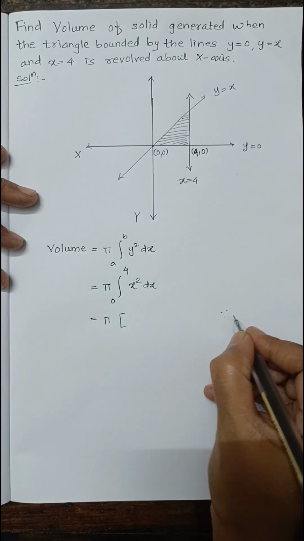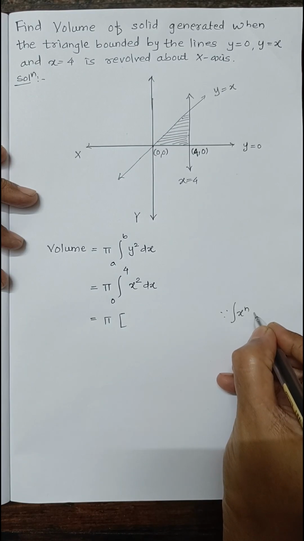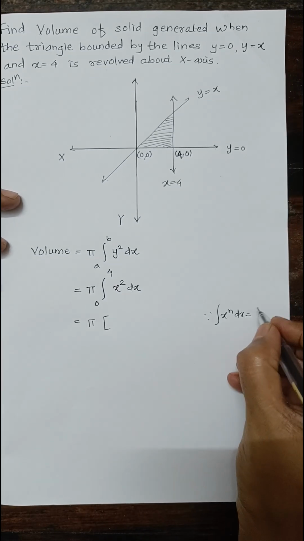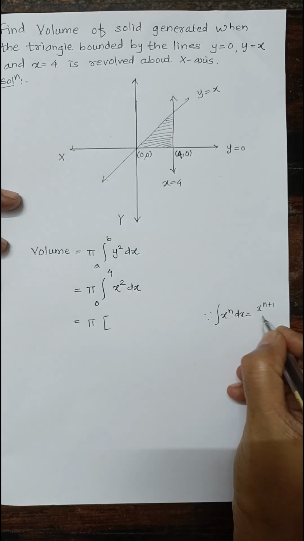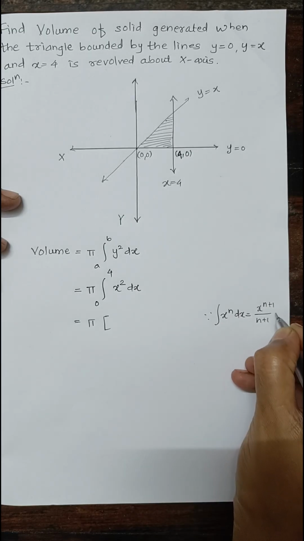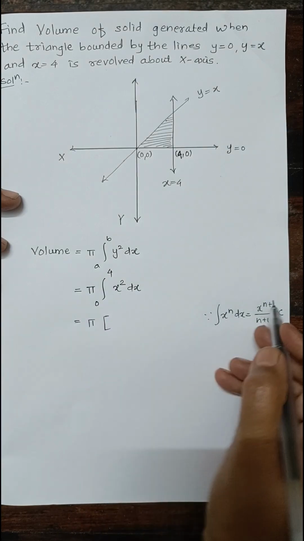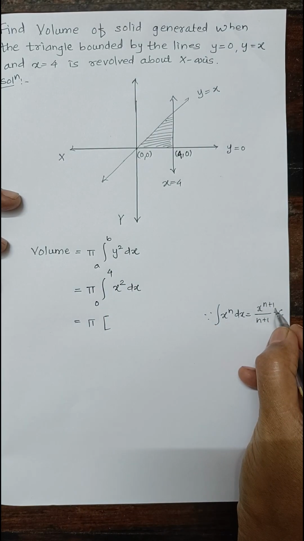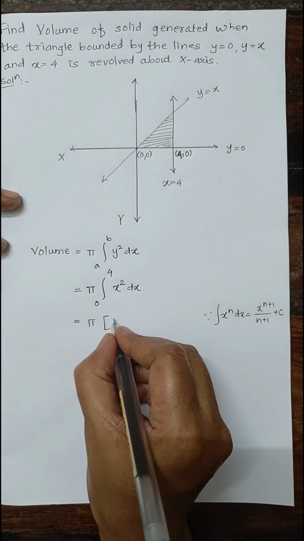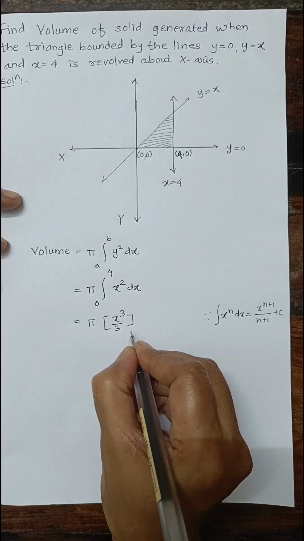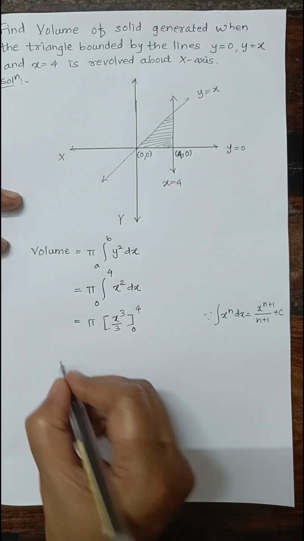The integral of x raised to n dx is x raised to n plus 1 upon n plus 1 plus the constant of integration. Here n is 2, 2 plus 1 is 3, therefore x cube upon 3, the limit varies from 0 to 4.